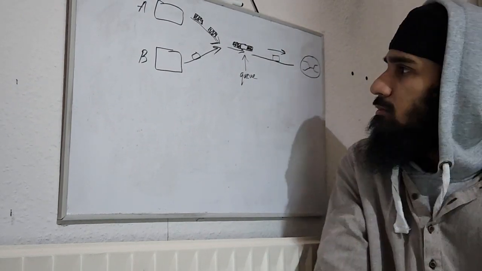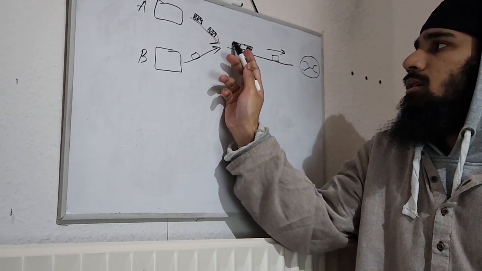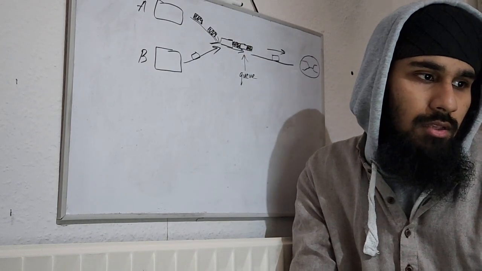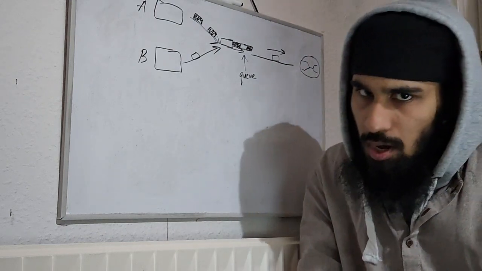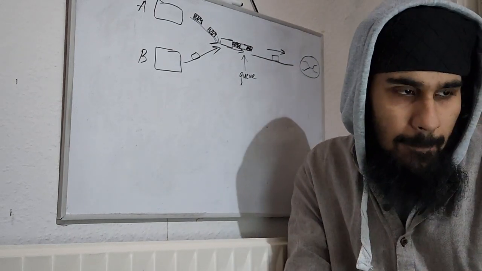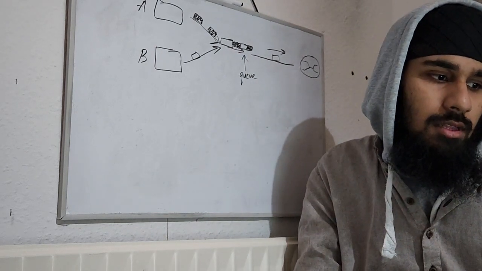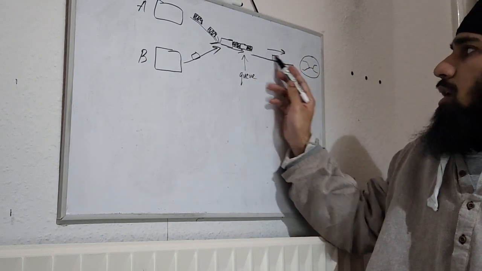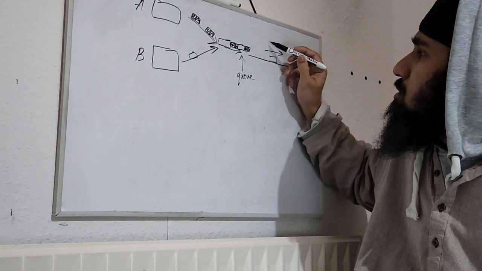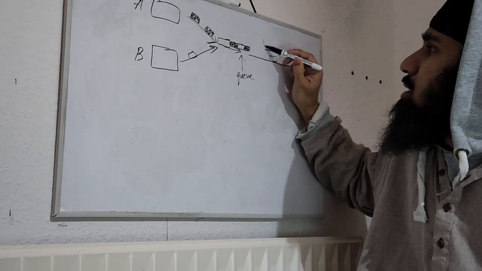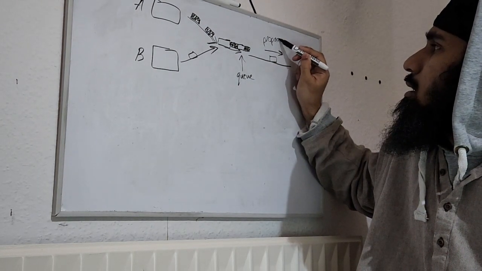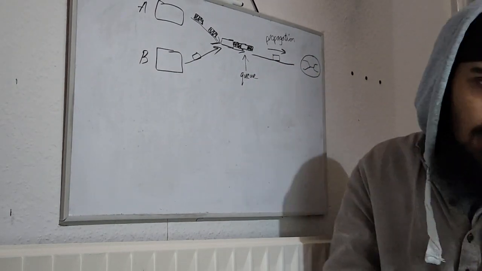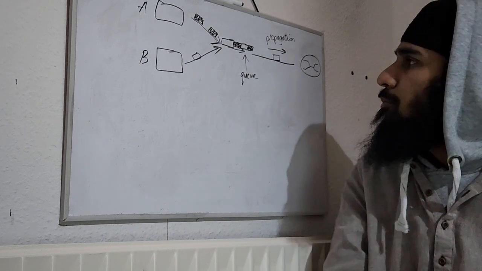The packets can come here and join this area. This is free, they can come and join. So there's a queue here, that's one delay, and there's also processing delay. Here it's traveling through this line, so this is called a propagation delay. This is a queuing delay, and there's a processing delay.